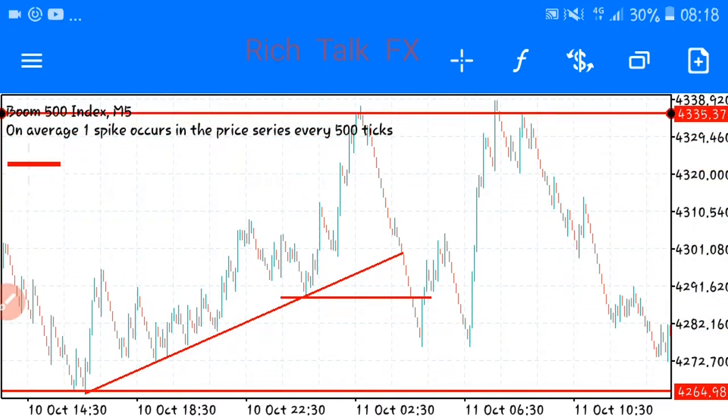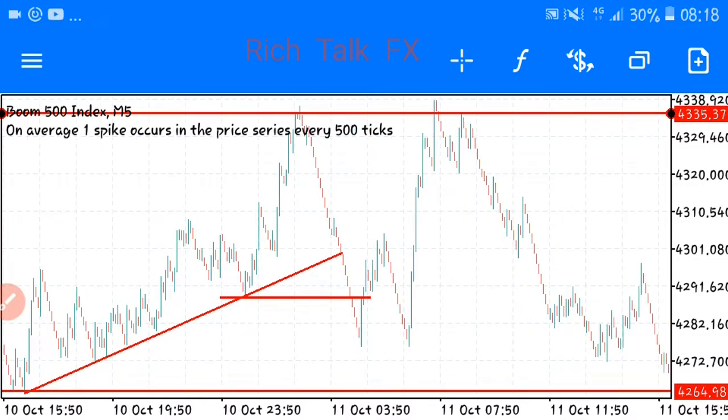The only reason we don't have order blocks is because this is a 5 minutes time frame. You don't use order blocks on the 5 minutes time frame. On Boom and Crash there won't be order blocks, but maybe on other volatilities there will be. In fact, there will be order blocks on Boom and Crash, but not all of them work, so it's better not to use them.